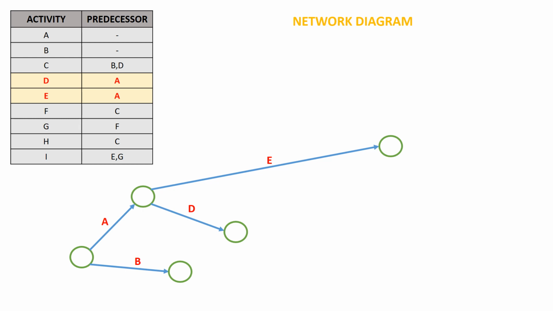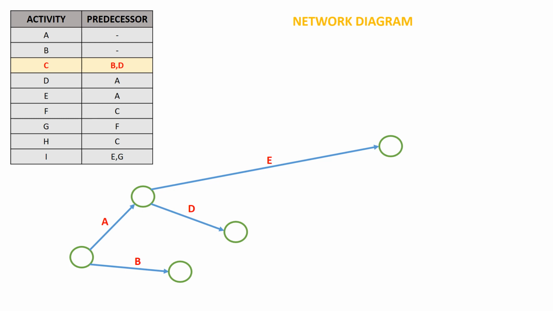Now we will move on to the next activity, which is activity C. Now I can see from my network diagram, I have both activity B as well as activity D. But in order to draw activity C, I need to have the predecessors B as well as D. Whereas in the network, I have activity D which is completing at some other time.